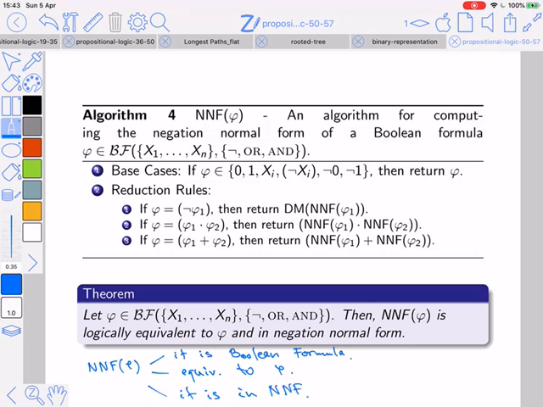Okay? So I'll leave this part as an exercise, and I'll focus on the 2 other parts. I want to prove that NNF of phi is logically equivalent to phi, and that it is in negation normal form.